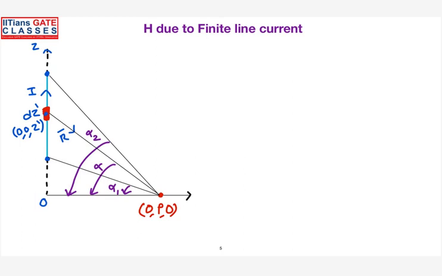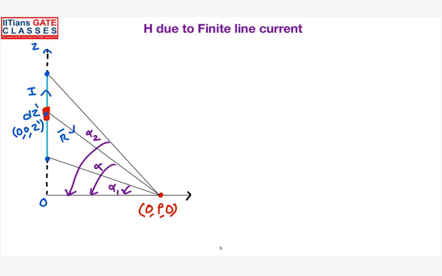Yeah. So let us try to find out the magnetic field due to a finite line of current. Instead of having an infinite line current, which we have discussed till now, this time we will see the magnetic field intensity due to a finite line current. The first thing is that here you cannot apply Ampere's law.